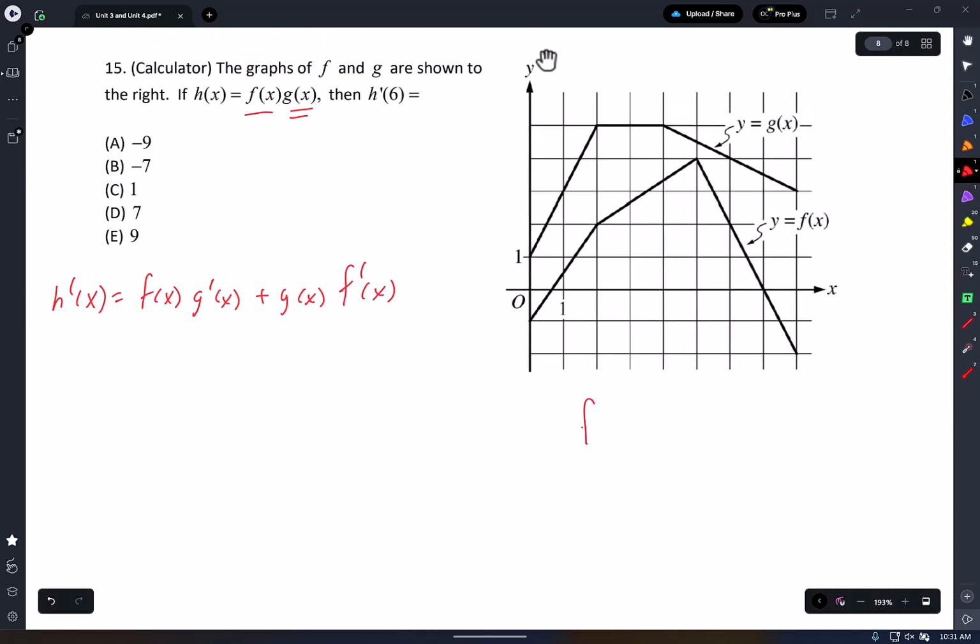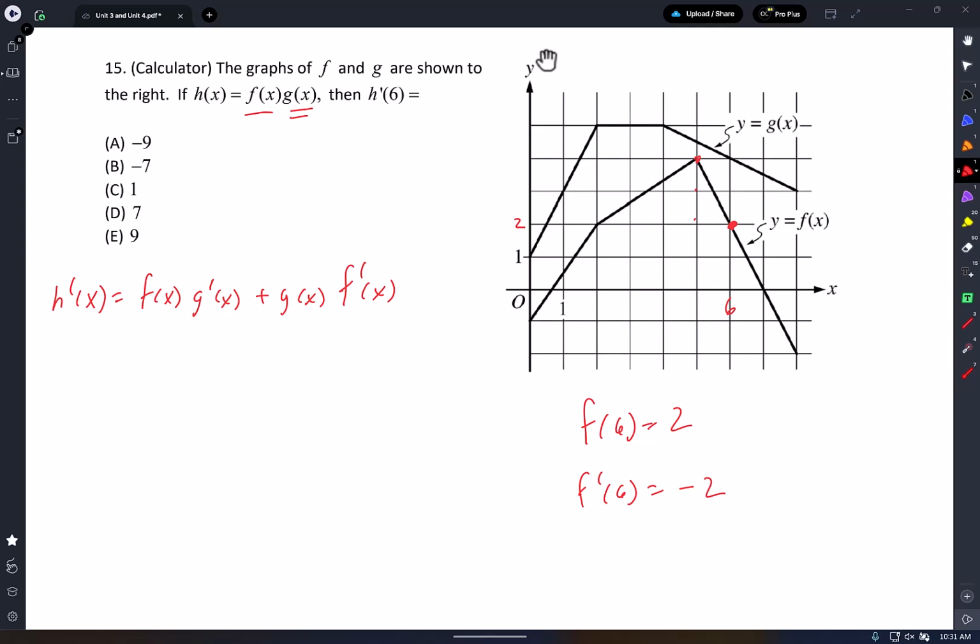So I'm going to write f of 6 equals, so here's f, 1, 2, 3, 4, 5, 6. Here's 6. So f of 6 is 2. And then f prime of 6 is, let's see, here and here, negative 2.